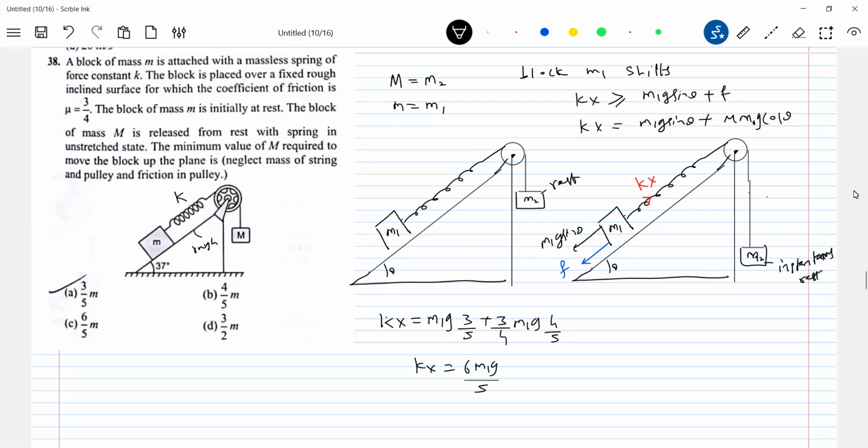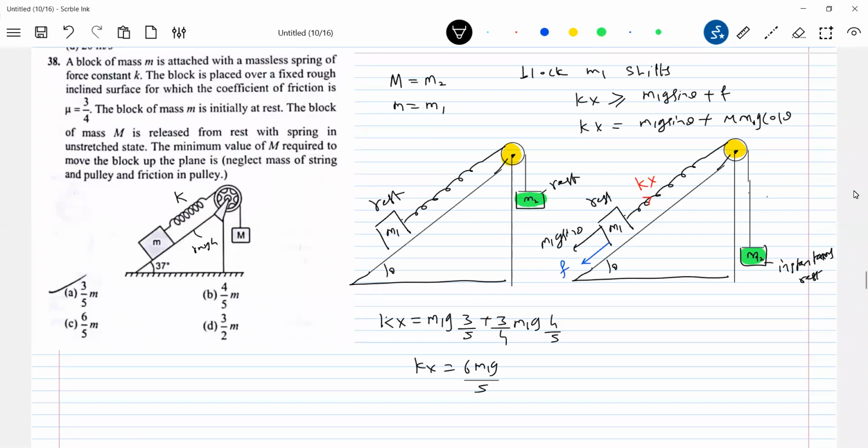To produce elongation of spring x, how much should the block M2 descend? The block will not shift. It is just about to shift, we are discussing the condition.